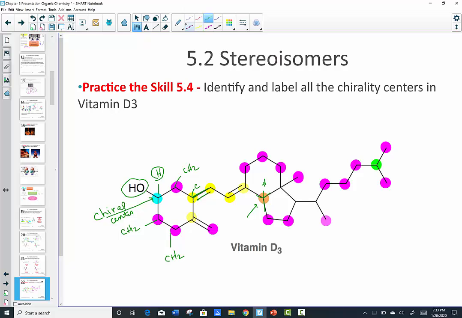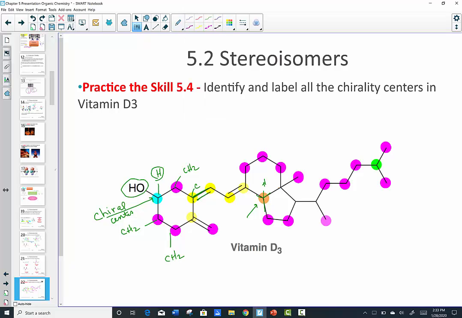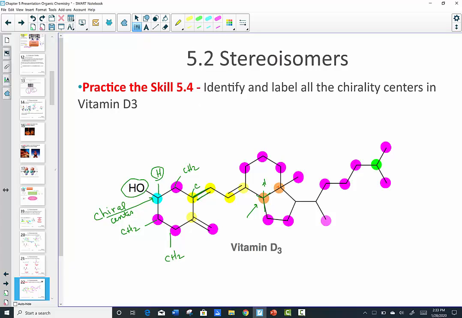And if we just keep that good work going, you begin to recognize quickly, here's another chiral center, that carbon right here. If we just pick out this carbon here, it has 4 unique attachments. How about here? Yes, 4 unique attachments.